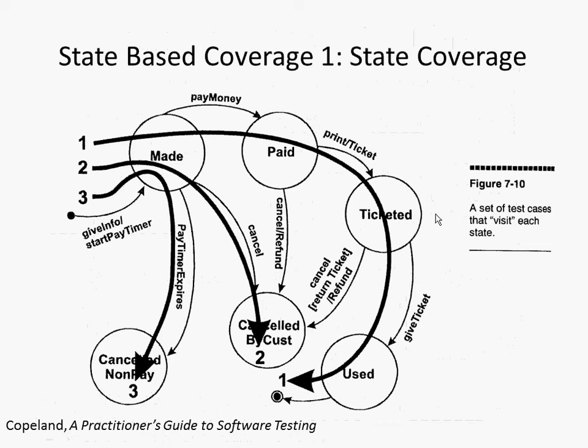Here's another example. What does this diagram represent? Anyone? Well, it's a ticketing procedure. This may be tickets to a hockey game.